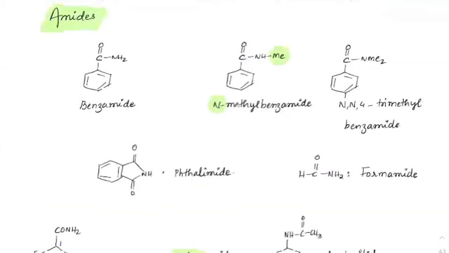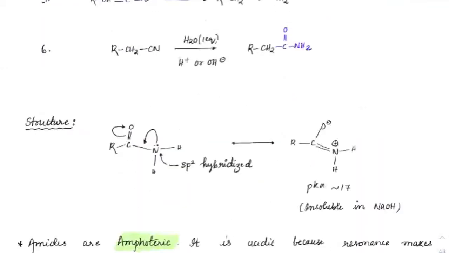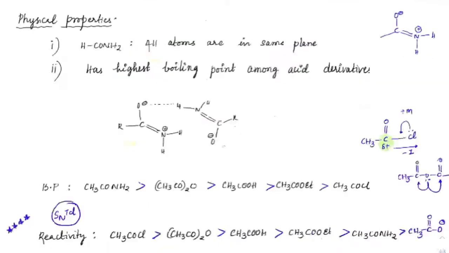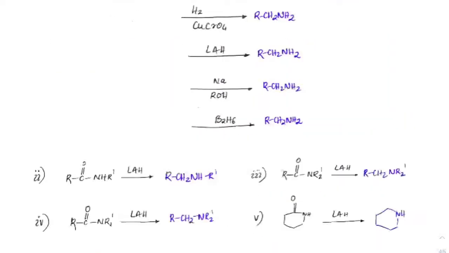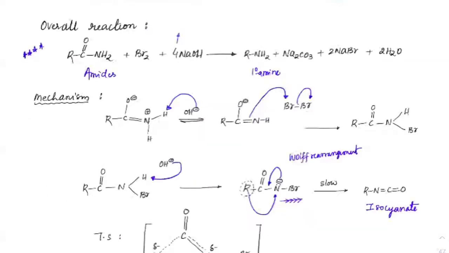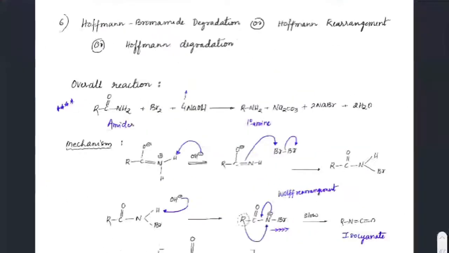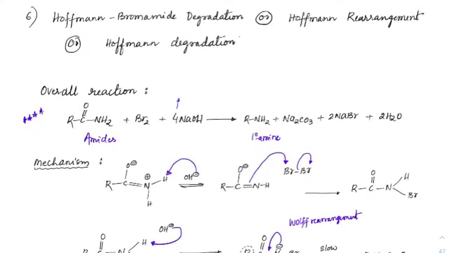Don't worry about the IUPAC names and all, the preparations and all of this. You can write it down later. Come to this, Hofmann bromamide. Please write this and practice this. I suggest all of you write and practice. This is an important part.